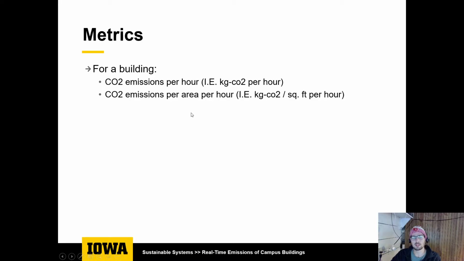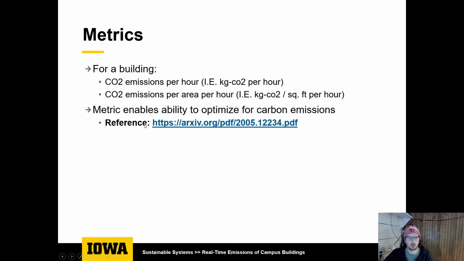And why do we want to calculate these? Well, this metric enables the ability to optimize for carbon emissions. The reference here refers to a carbon first approach, which declares that it's more important to consider how much carbon an operation emits and not necessarily how much energy an operation uses.